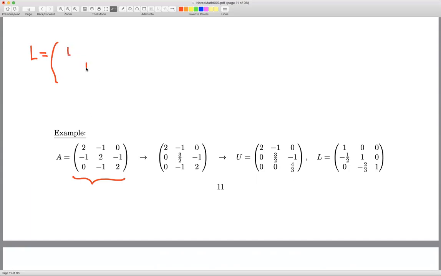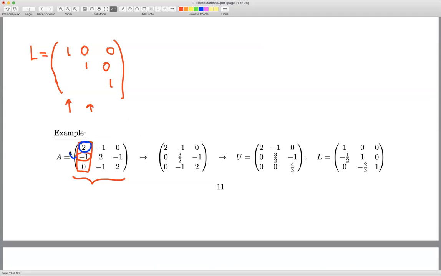It will have ones on the main diagonal, zeros above the main diagonal, and we have to fill in the elements below the main diagonal in the first and in the second column. To fill the elements below the main diagonal in the first column, we look at the first column of A and at the ratio of each element divided by the pivot. The pivot element here is the top one.